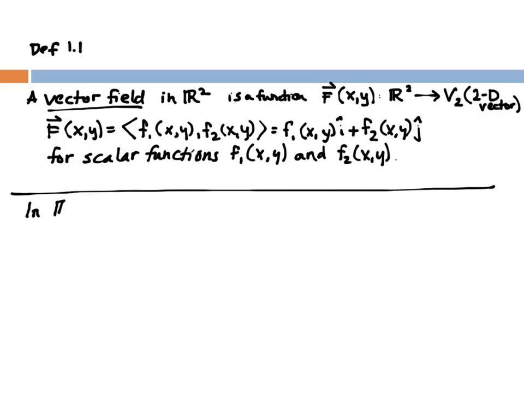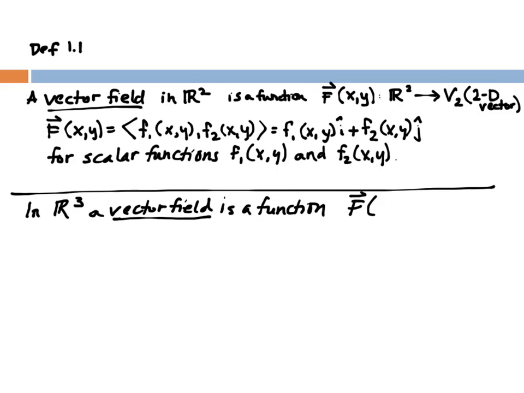In R3, a vector field is a function F from (x, y, z), just like you said, going from R3 into V3, which is a 3D vector space.